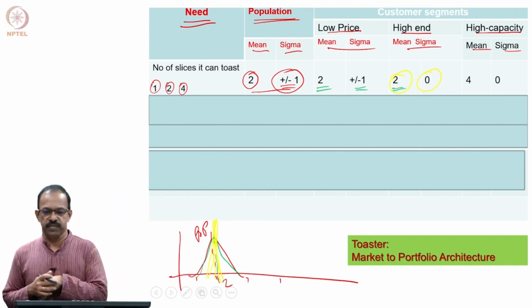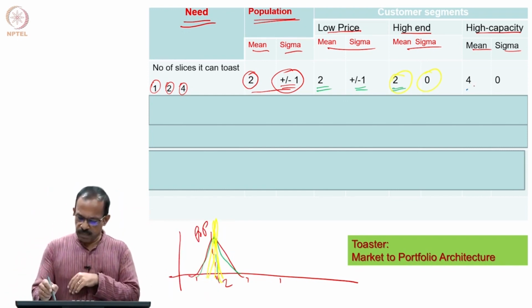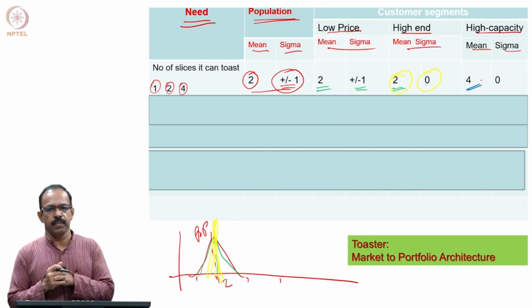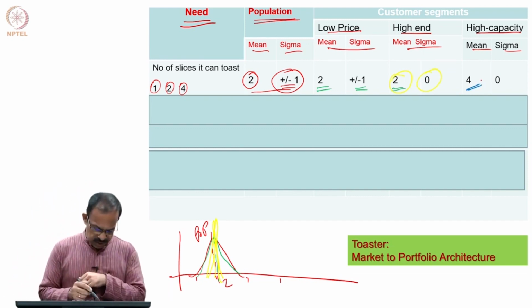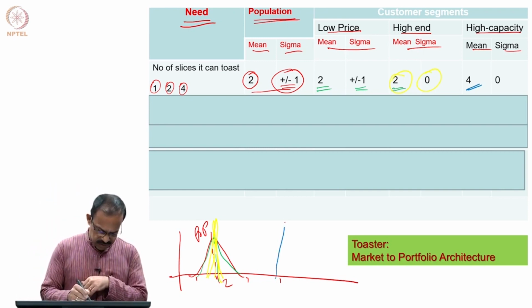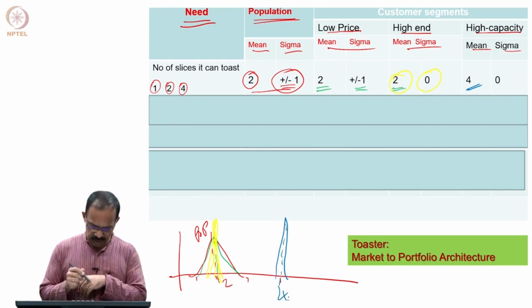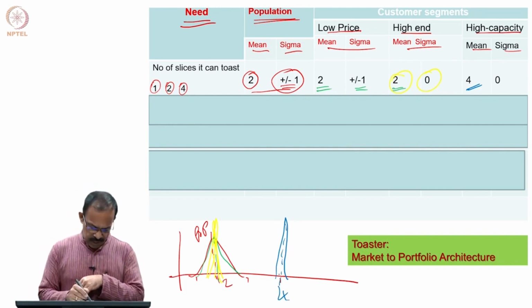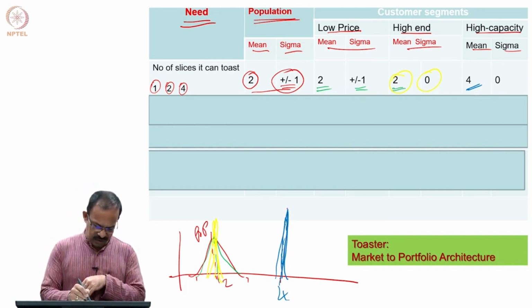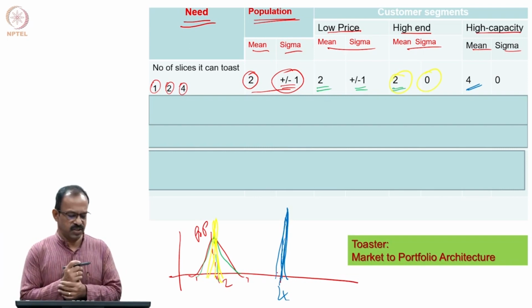Now, you come to the high capacity segment. They say that our requirement is 4, so sigma is almost 0. It is almost like a straight line. They want only 4, they do not want anything else.